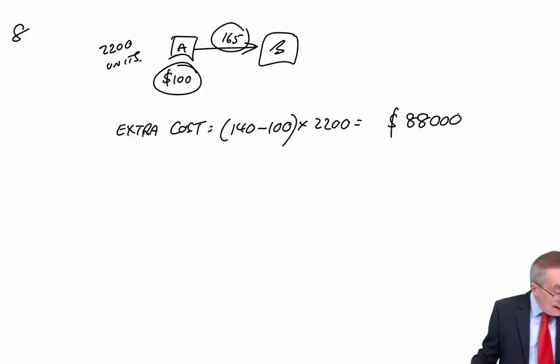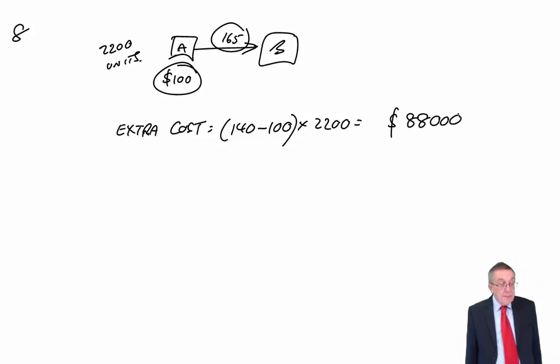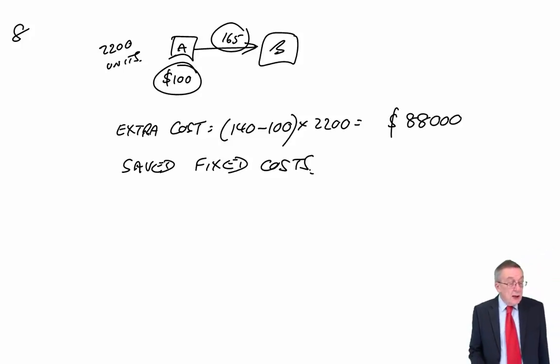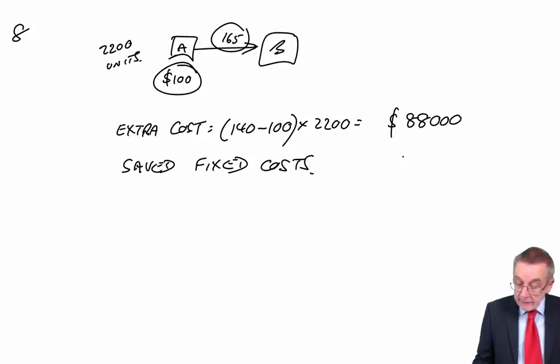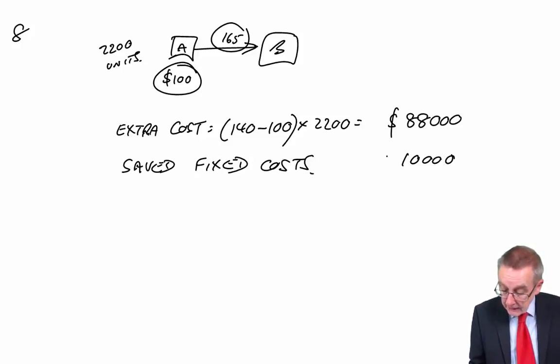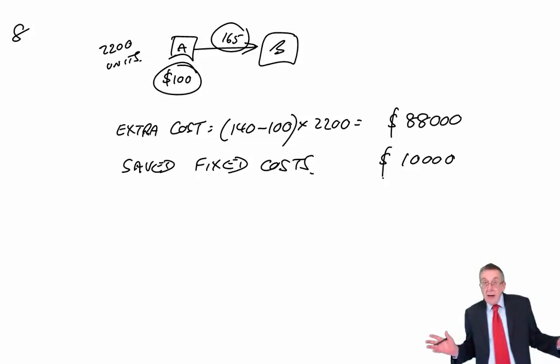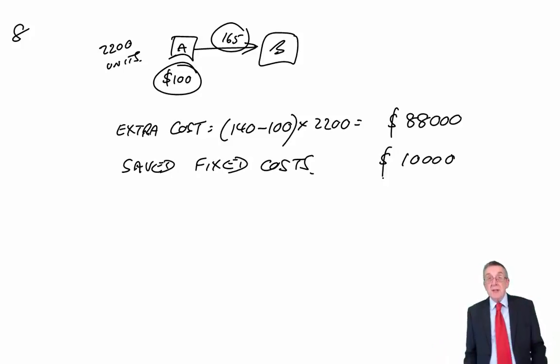However, if we do close Division A, there will be a saving. We'll save fixed costs. For the group as a whole, closing A, we will save $10,000 a year. Now, the transfer price here is completely irrelevant as far as the group as a whole is concerned.